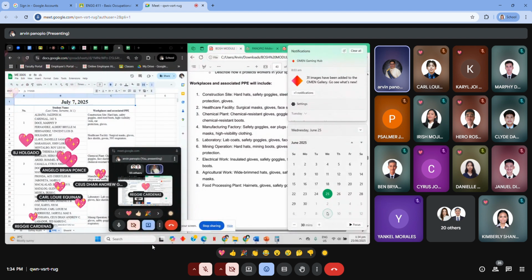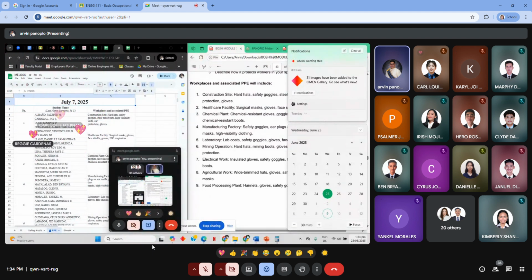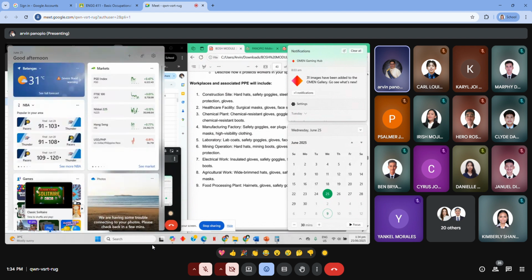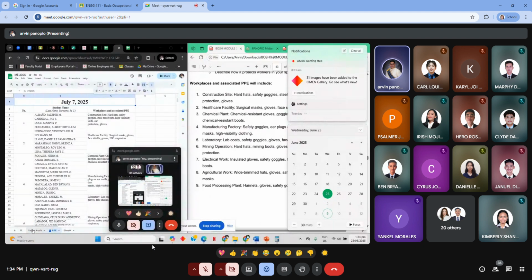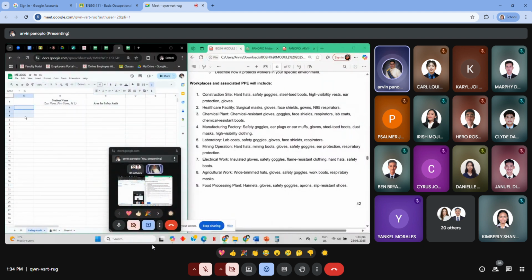Another announcement. Kailangan ko po ng groups, 5 members each group. Ito po is yung safety audits.